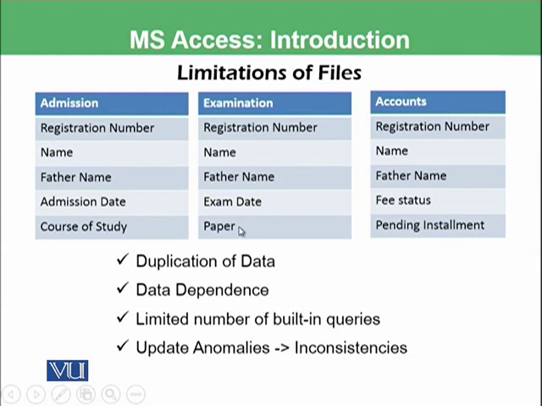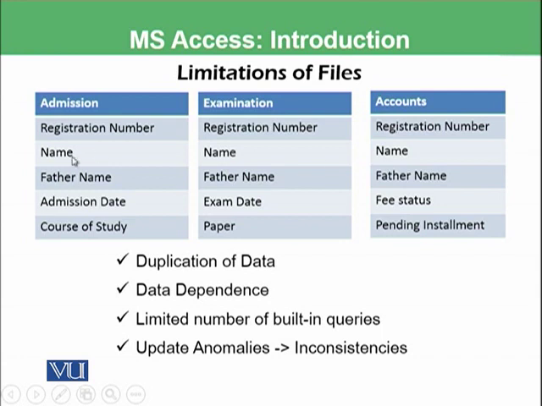So one student is going to be stored in all of these three files, and data would be dependent. For example, if we remove, update or add anything in admissions, then the same changes need to be made in examination and accounts for the same student.